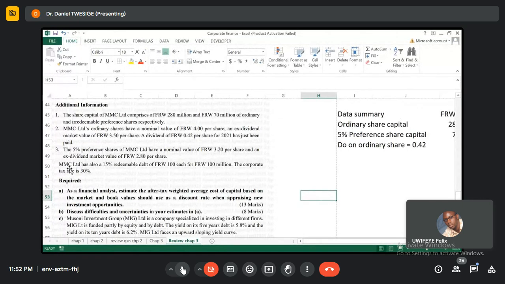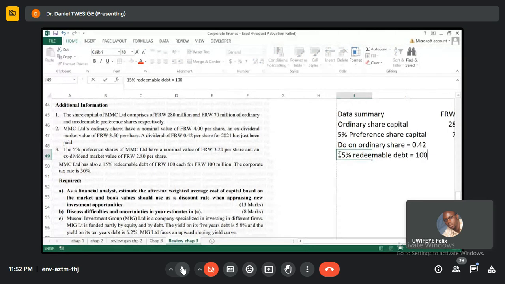Then we have been told again, MMC has 15% redeemable debt with a par value of 100 million.